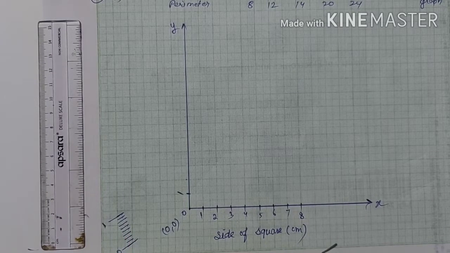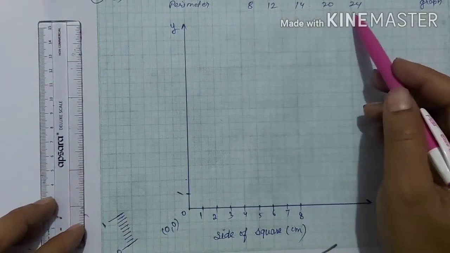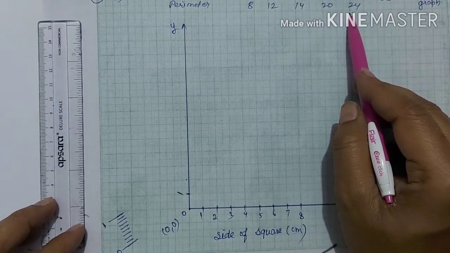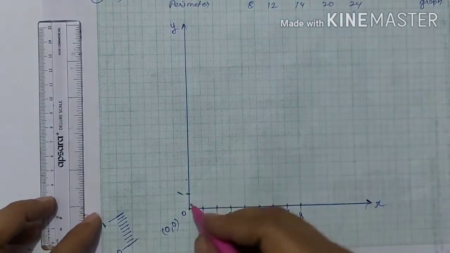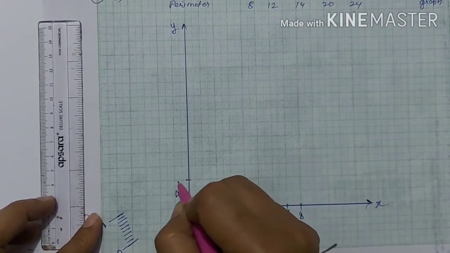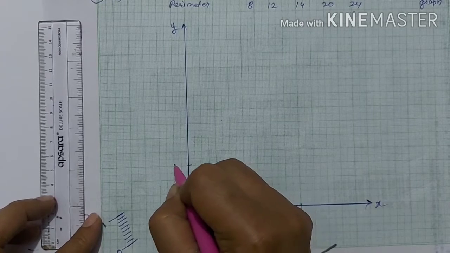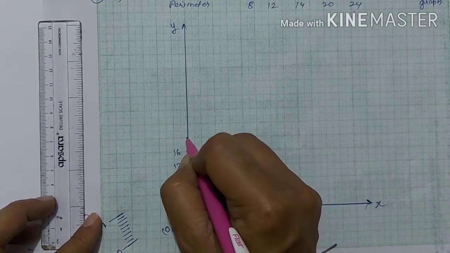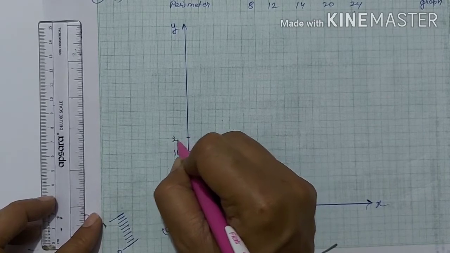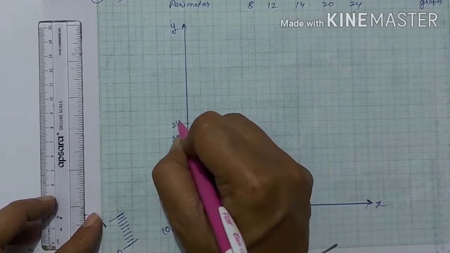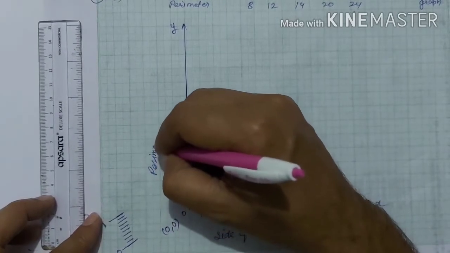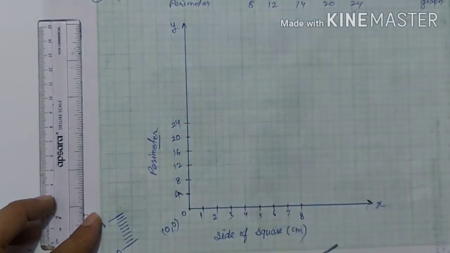Here we will read 8 to 24. 8 to 24 is the table of 4. So you write 4, 8, 12, 16, and next 20 and 24, the perimeter.